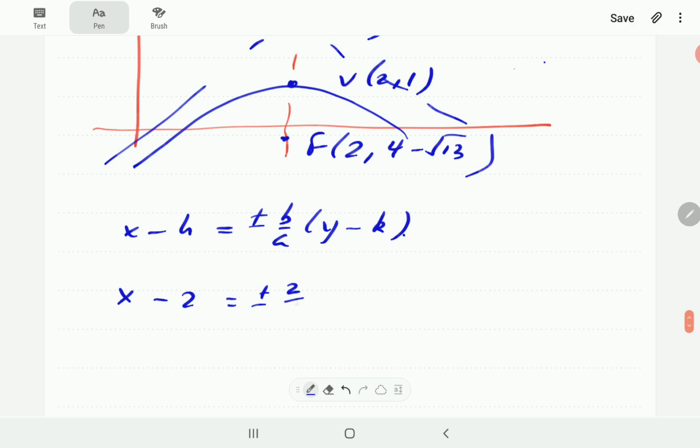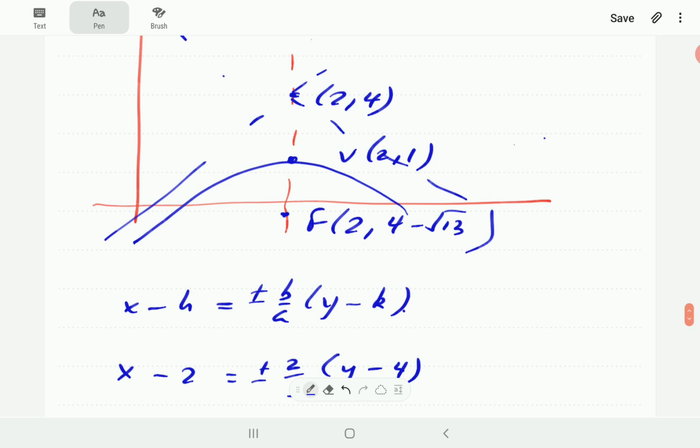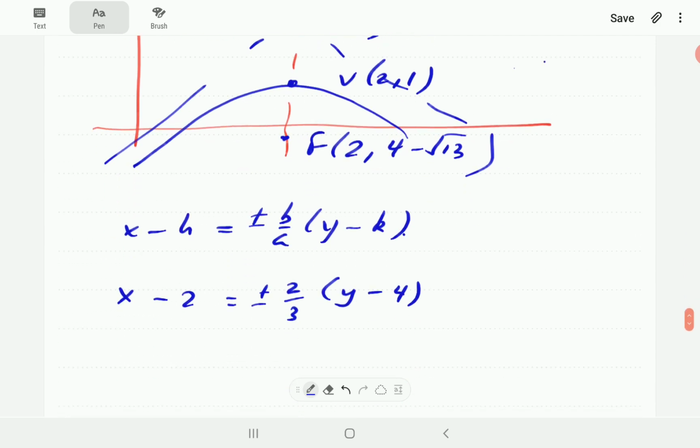So 2/3 here, and then y minus 4. We're just going to leave it in this form. So those will be the two asymptotes. We've got the sketch, we've got the eccentricity, we've got the asymptotes, coordinates of the center, vertices, and foci.